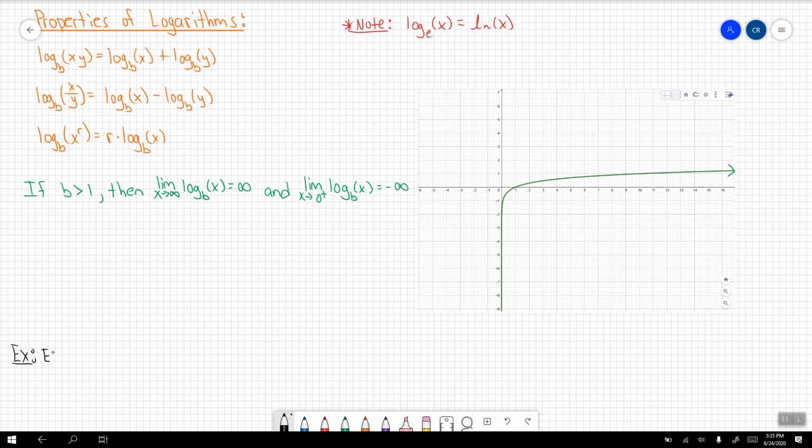We want to express the quantity as a single logarithm.